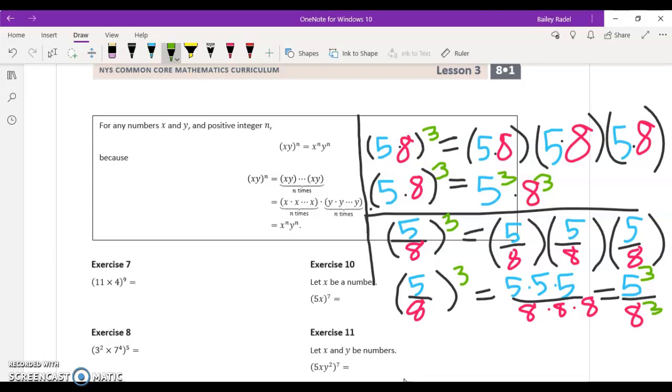So again, when you have two numbers in the base or two variables in the base, and an exponent, we can raise one of the variables to the exponent and then multiply it by the other variable in the base to the exponent.